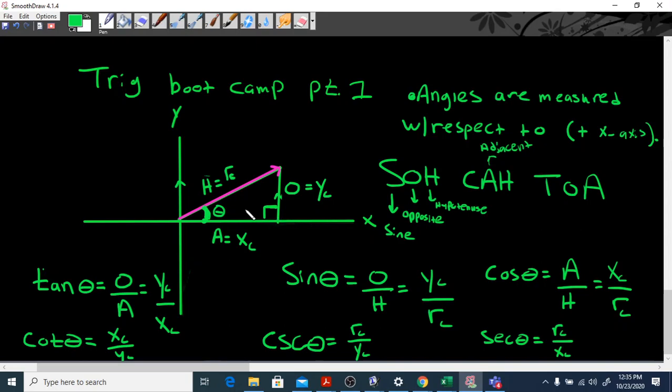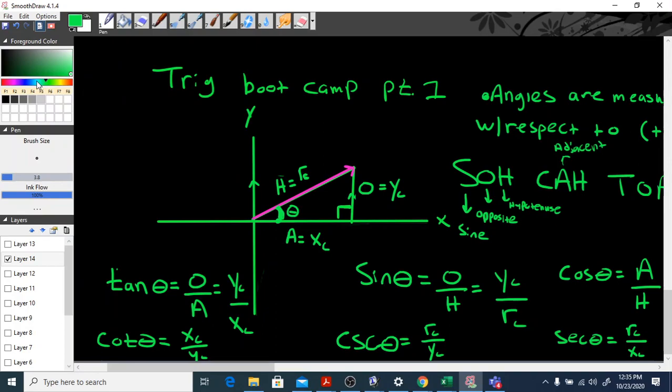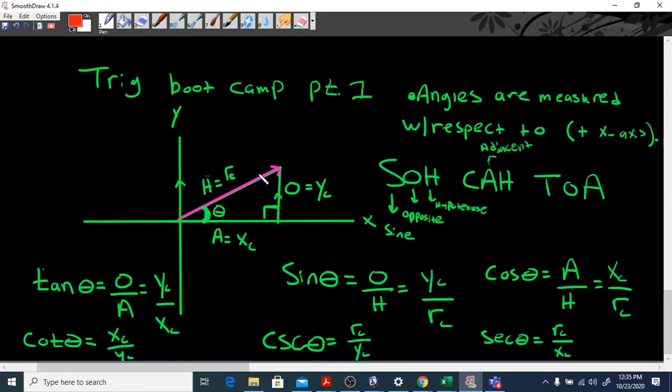We also have another relationship between x, y, and r, and that is the good old Pythagorean theorem. Because we have a right triangle, we can use the Pythagorean theorem. It is as follows: x component squared plus y component squared equals the r component squared.